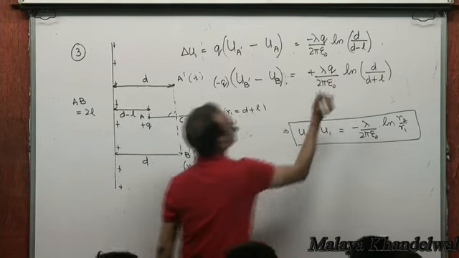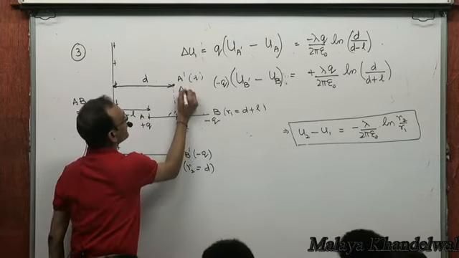So this will become plus Q. And that's going to be delta U2.